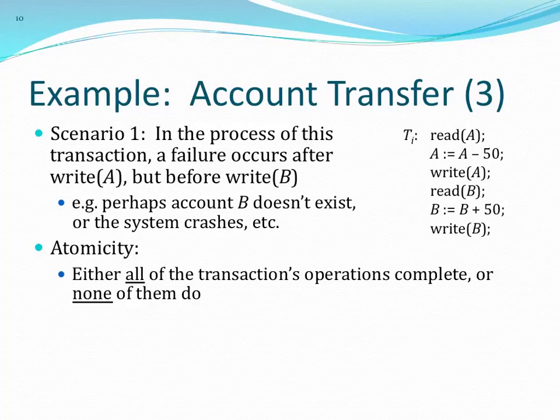Which is a very interesting proposition, because what you're saying is your piece of software completes a write to a certain data value, and then the piece of software crashes. And so at restart, somehow we have to figure out, oh yeah, T sub I didn't finish, and we changed A, and we now have to unchange A. So it's an interesting design issue.